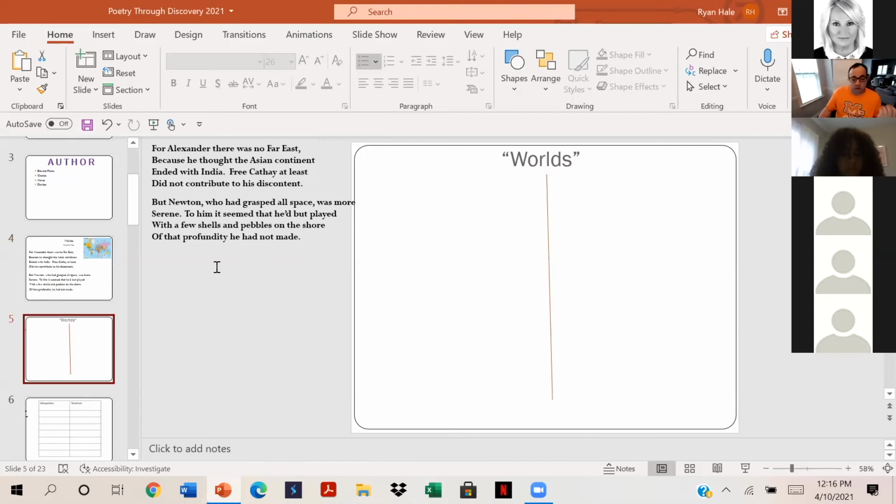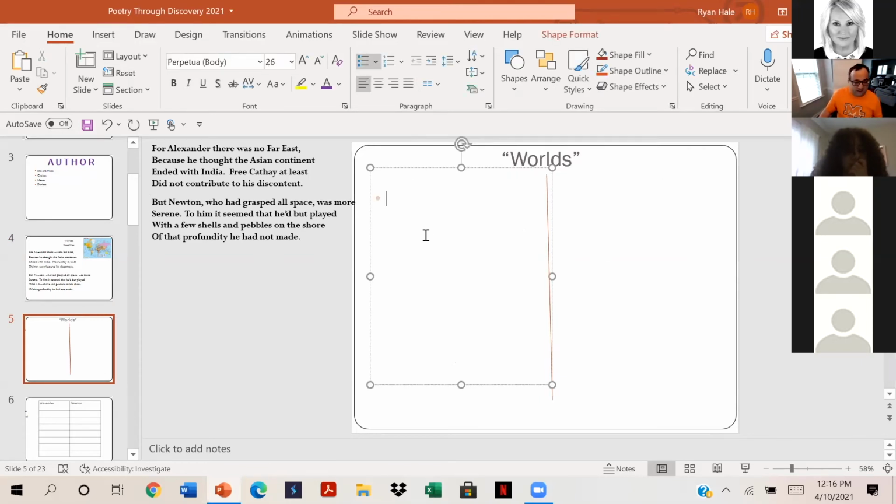Maria, you're on my screen. Maria, can you see the poem over on the left still in the gray box? Yes, okay, good. So what I want to do is look at the poem and pull some words out that seem in some way to go together. Over on this side, I see Alexander, and over here, I see Newton. Alexander and Newton, okay?